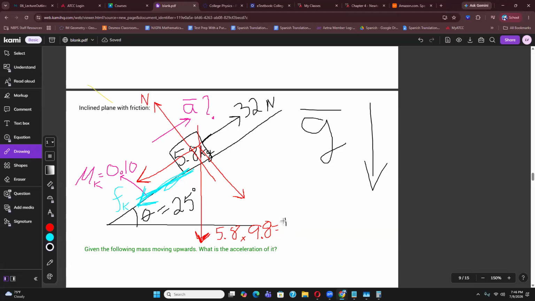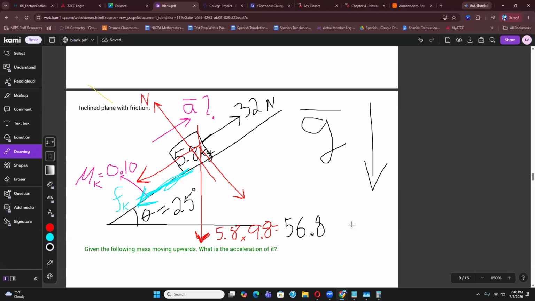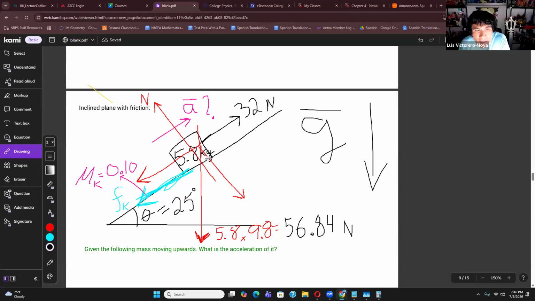So what's 5.8 times 9.8? 56.84. Yes. Okay. Now, what's the value of this component and of this component? This is mg cosine of 25.